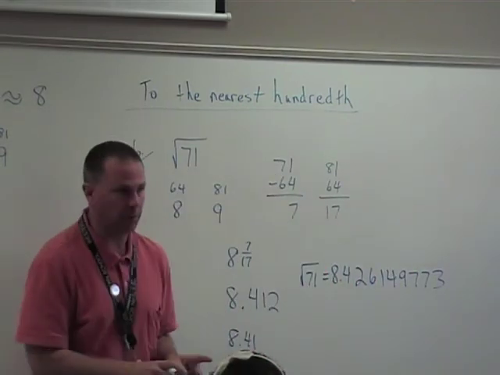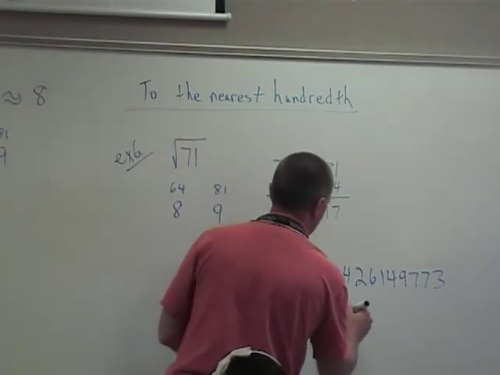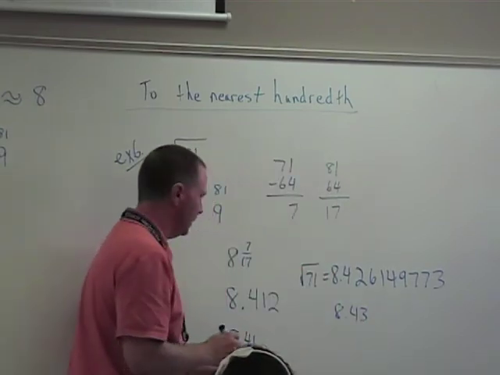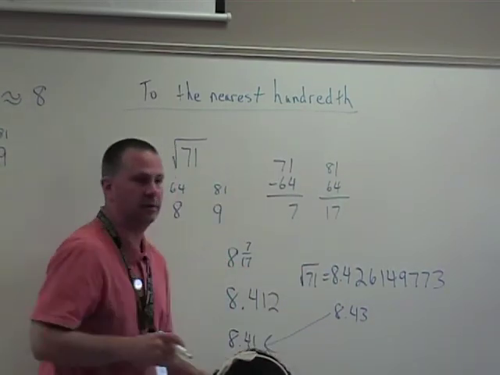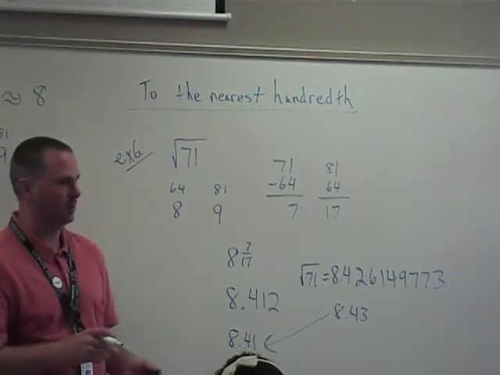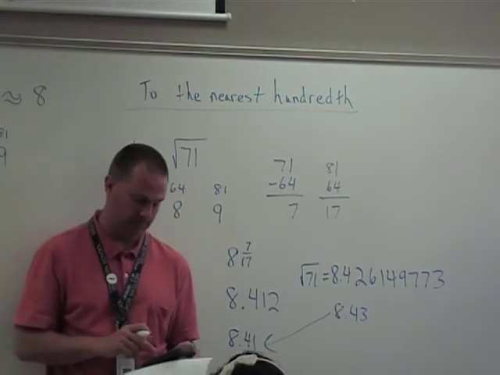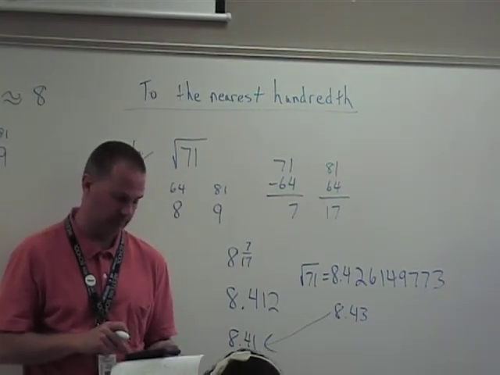Okay, now, when you round to the nearest hundredth, you get 8.43. So is that the same answer? No. So that was the easiest thing ever. It's a 1 and a 3.